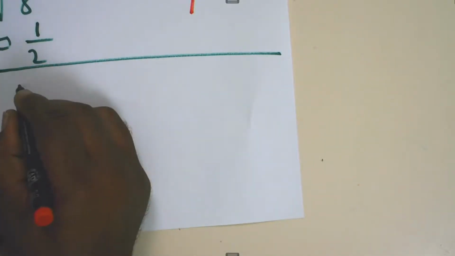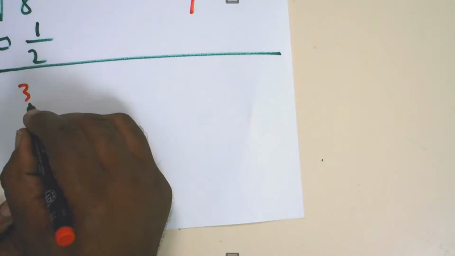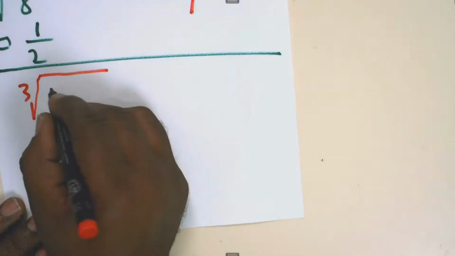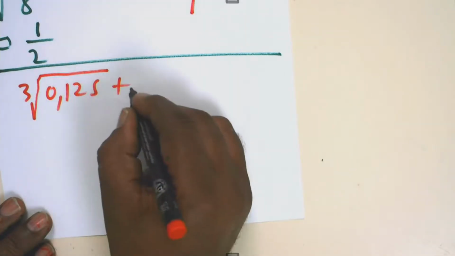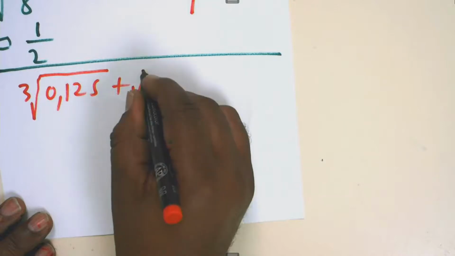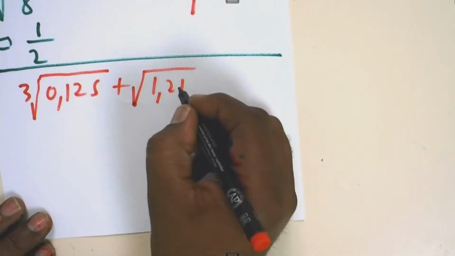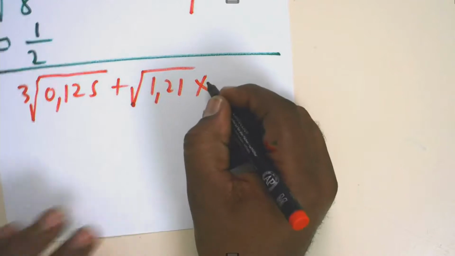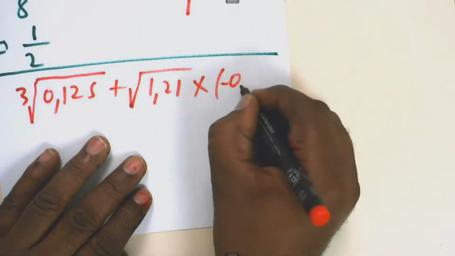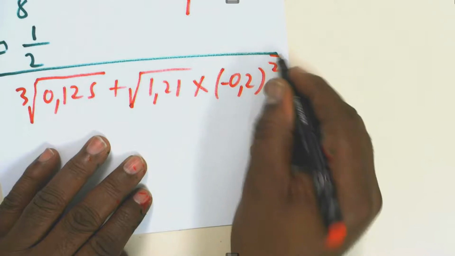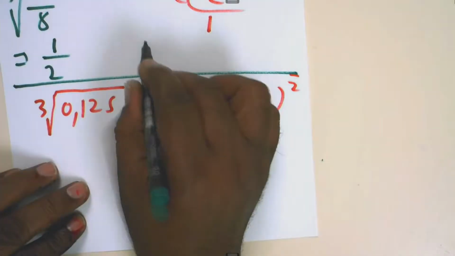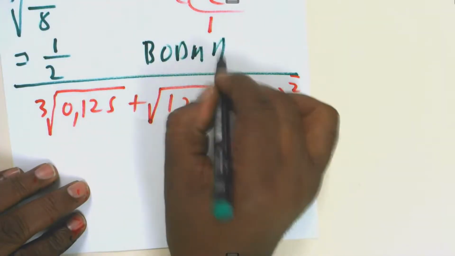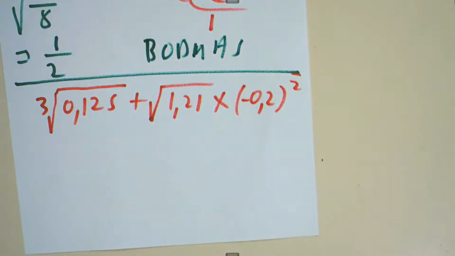Your first one is 3 cube root of 0.125 plus square root of 1.21 multiplied by 0.2 to be squared. Never ever forget your brackets.